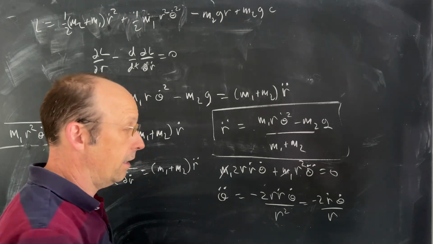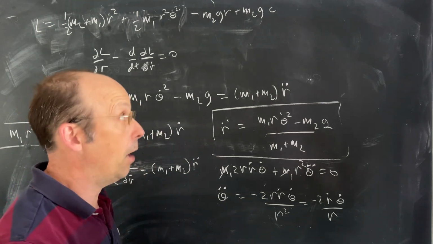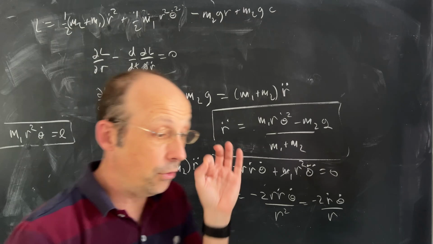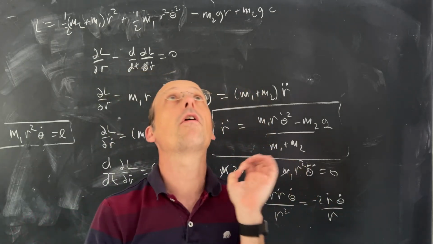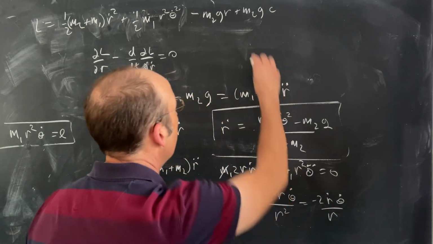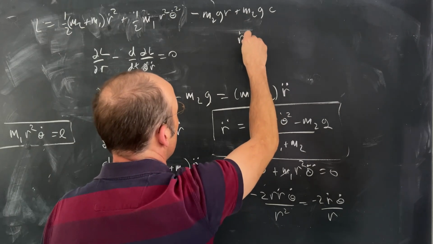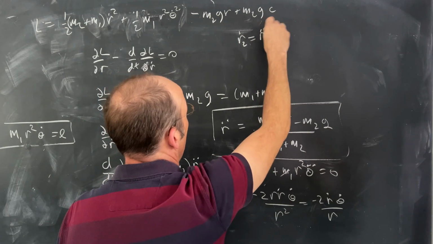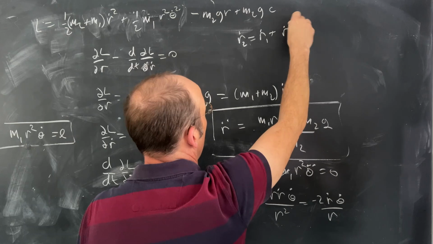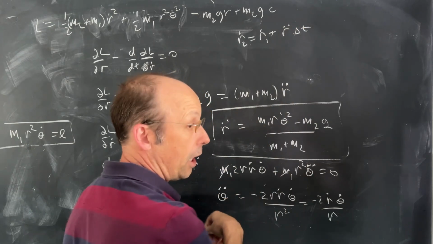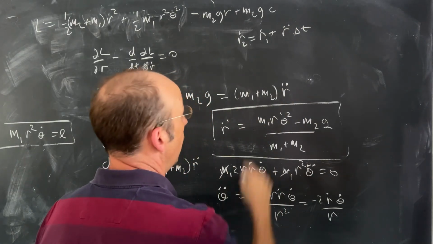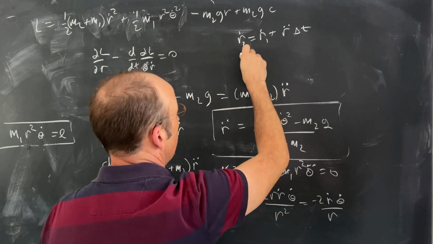So now I have theta double dot, I have r double dot. I can now model the whole situation. So again, my normal numerical recipes, which I've gone over so many times, is that I can say r2 dot is r1 dot plus r double dot delta t. By breaking it into small time intervals, that assumes that r double dot is constant over that time interval.